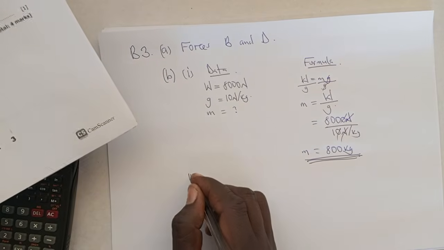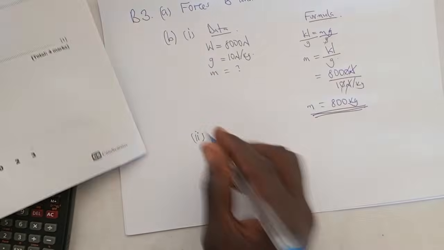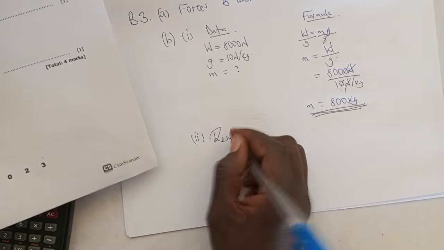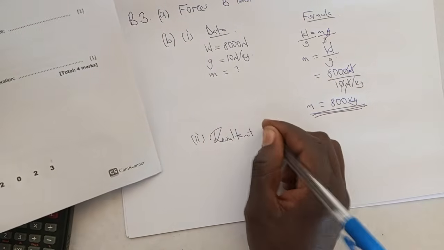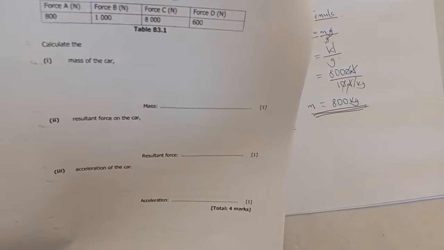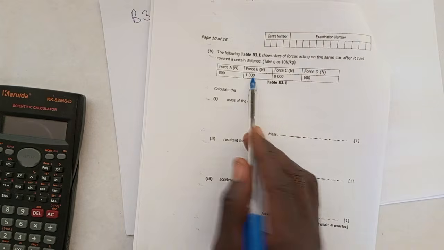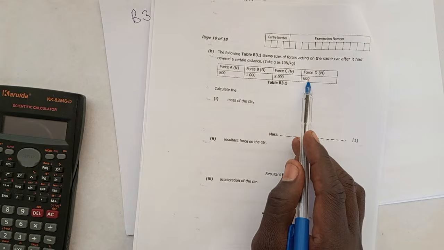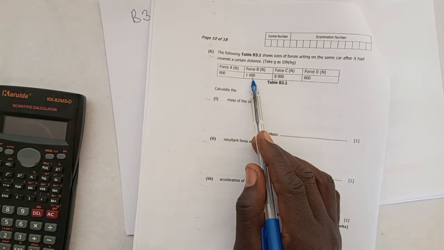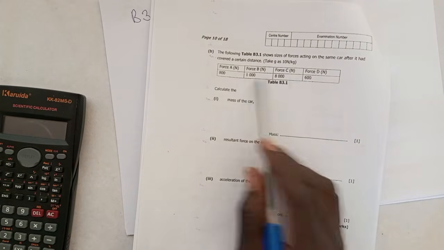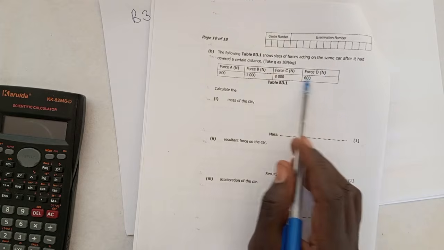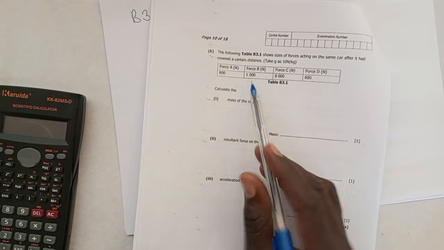We're going to say resultant force is going to be the product, no, not the product, but the two forces, these two, force B and D, you are going to basically subtract these two, the smaller one being subtracted from the bigger one.